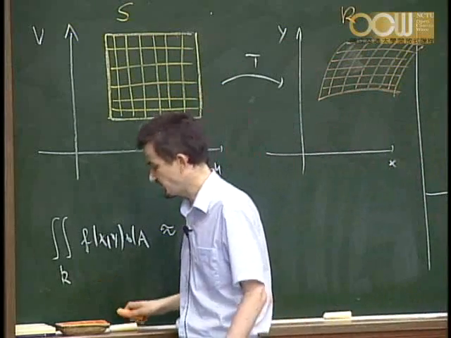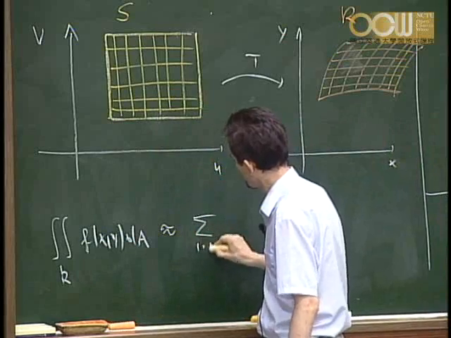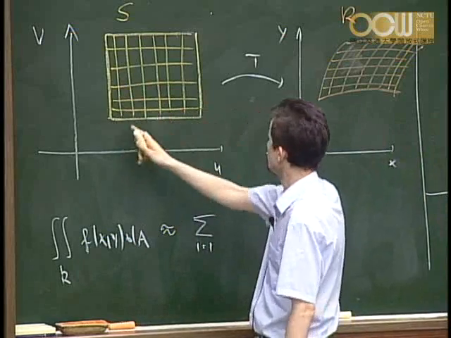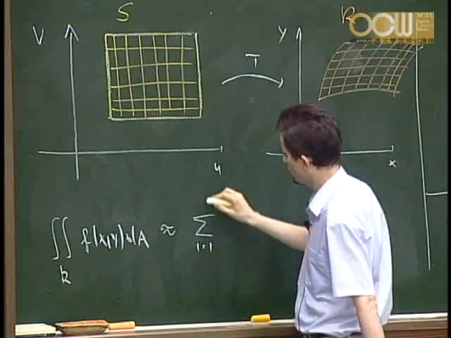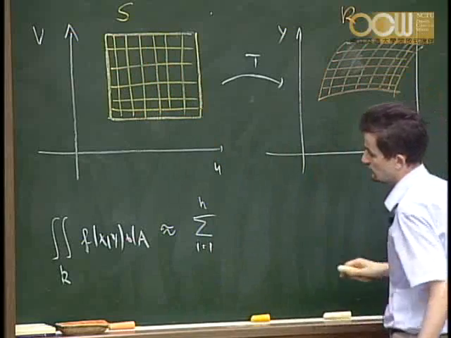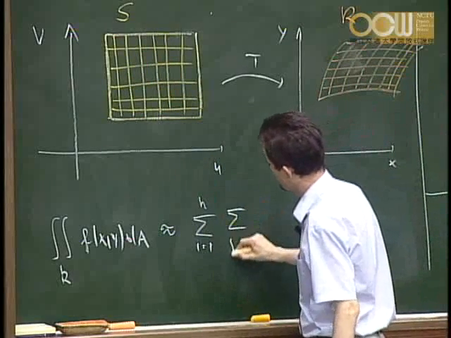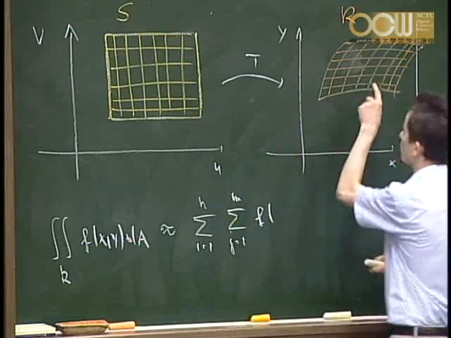Now our double integral, by definition, will be roughly the sum. Maybe I use here n and here m. Then I have i from 1 to n, and I get the corresponding number here for R. So i from 1 to n, j from 1 to m. Then f evaluated at some sample point.